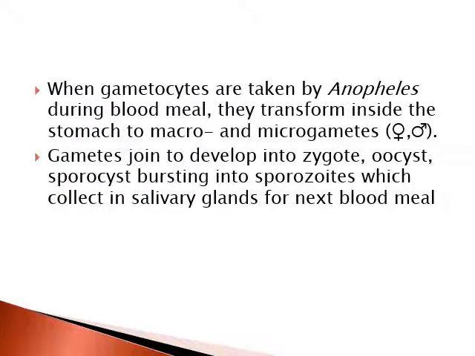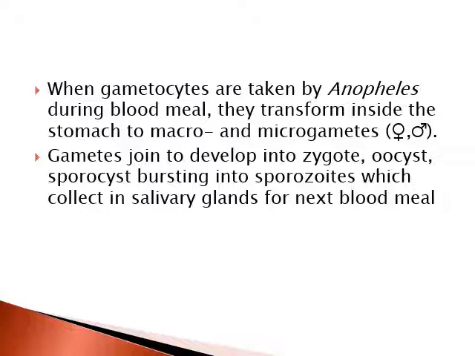The gametocytes are engulfed by Anopheles during the blood meal, and they transform inside the stomach of the mosquito into macro and micro gametes by meiotic division. Meiotic division results in half the chromosomes.